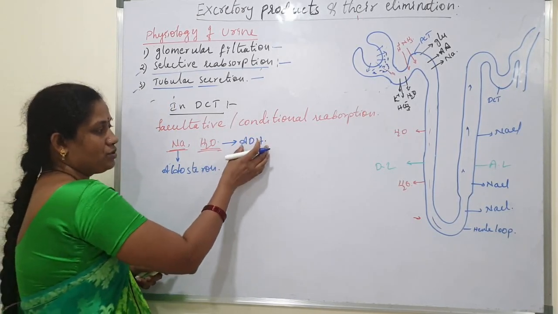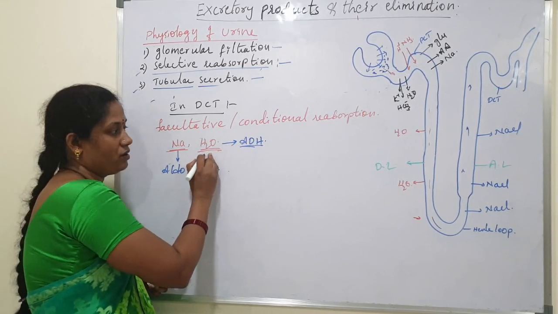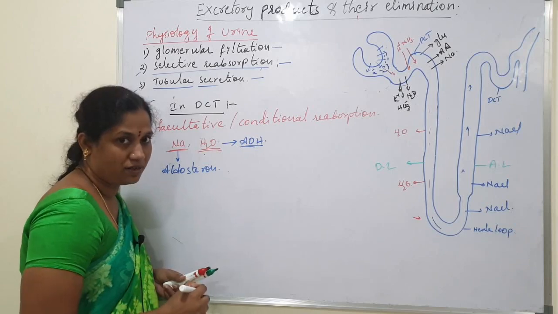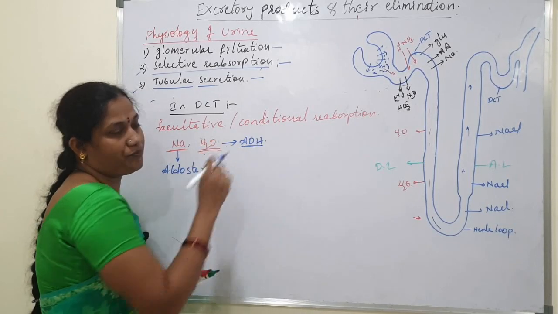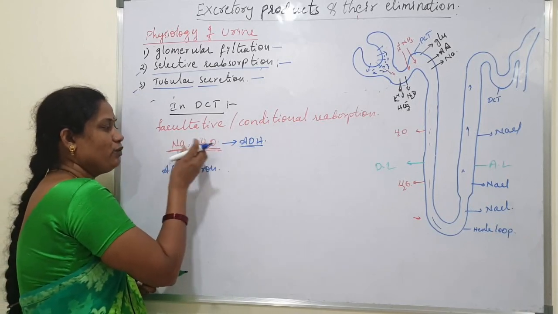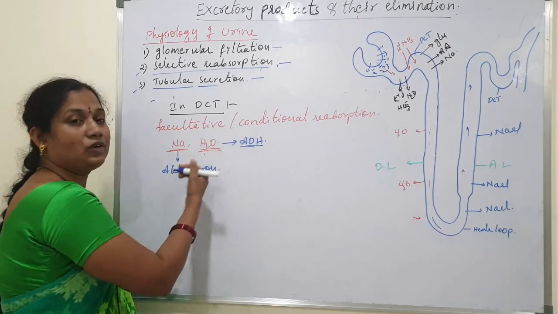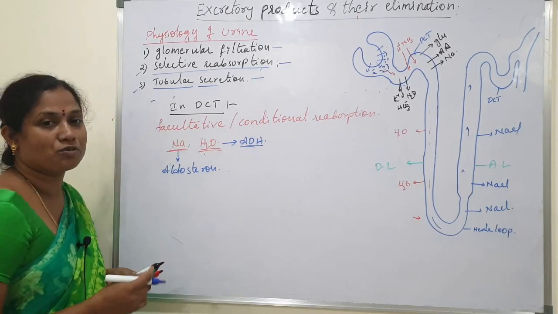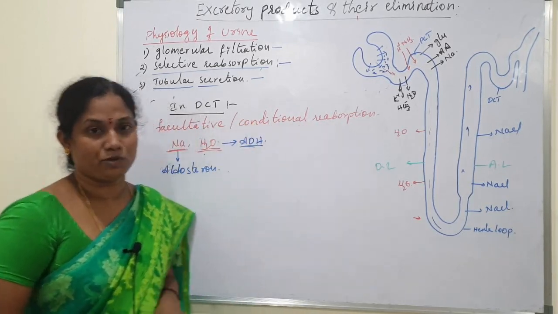If ADH levels decrease, water is not reabsorbed from the DCT. So sodium and water reabsorption is influenced by other components; that's why it is called facultative or conditional reabsorption.